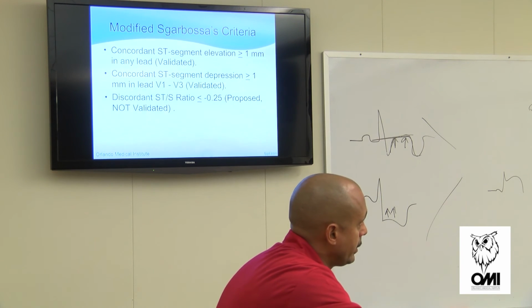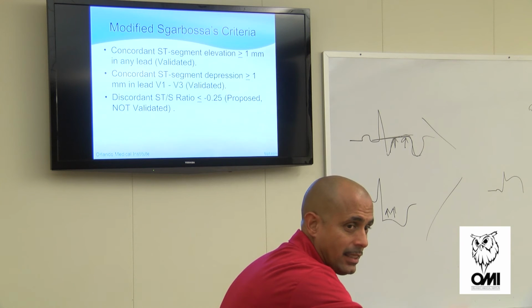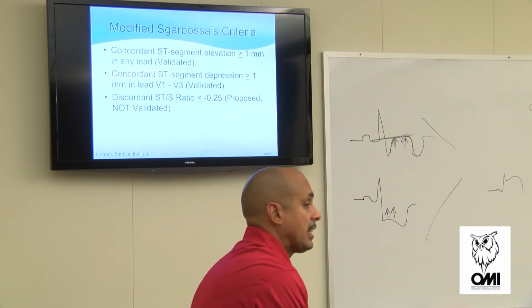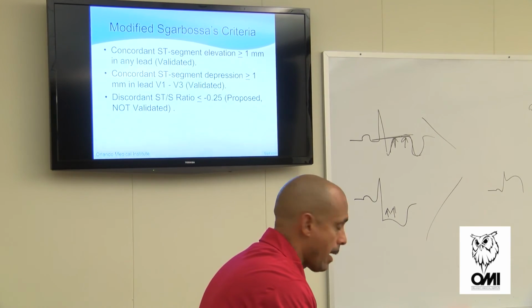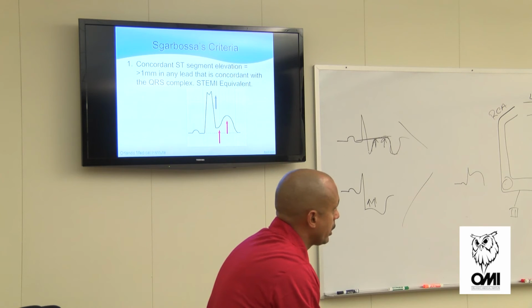But they validated two of the three. The elevation, both the two concordants have been validated, so that's 90%. The third one has not been validated yet. The discordant has not been validated. And because of that, this is what we're looking at.